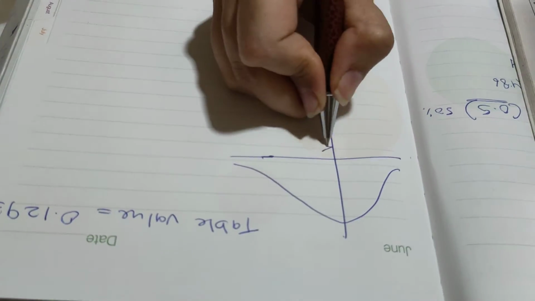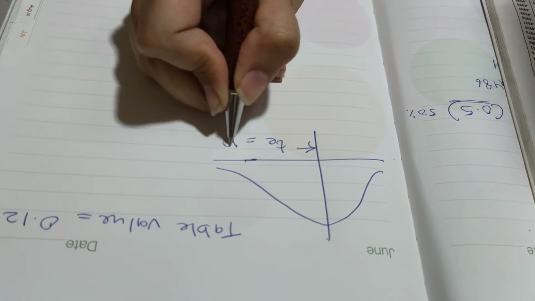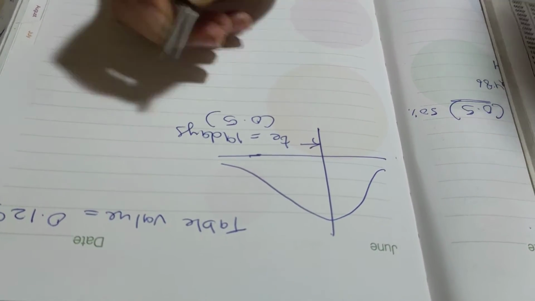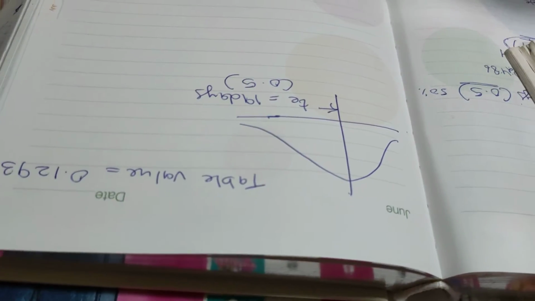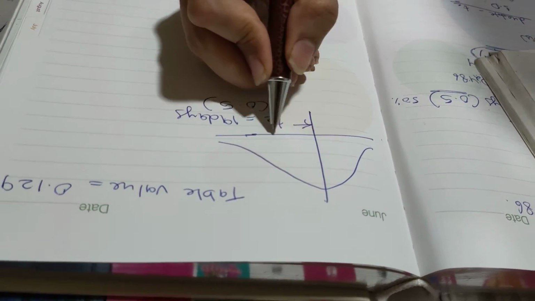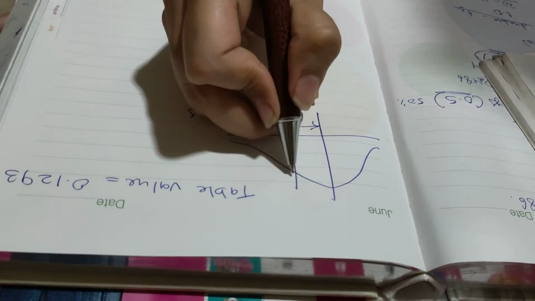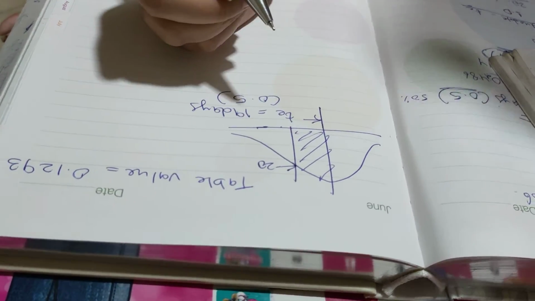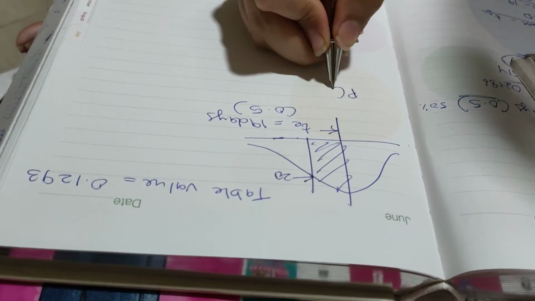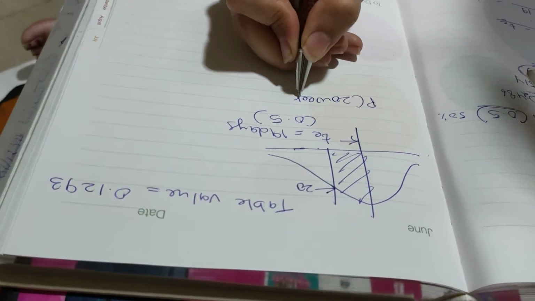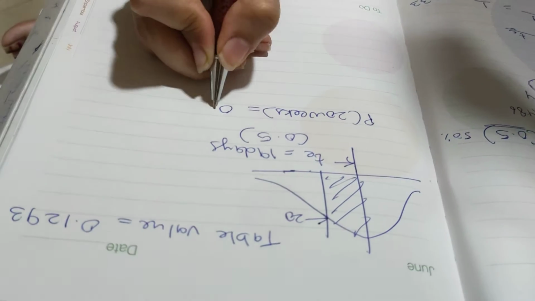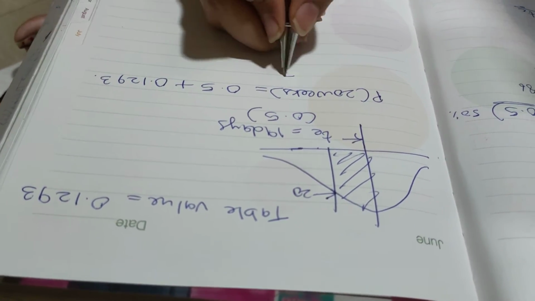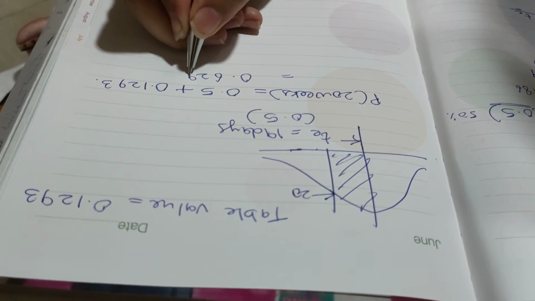This is my expected time, that is 19 days, where my value will be 0.5, and we want to calculate it for 20 weeks. This is 19, so it will go this side. Here somewhere it will come as 20. We need to calculate the probability for this. Probability of 20 weeks equals 0.5 plus 0.1293, which comes out to be 0.6293.